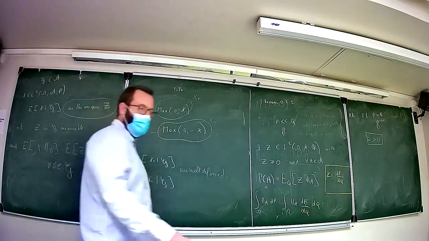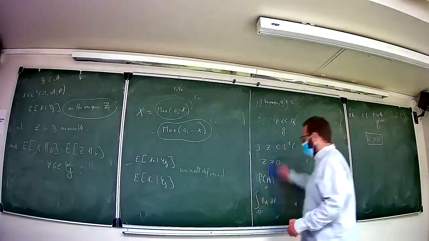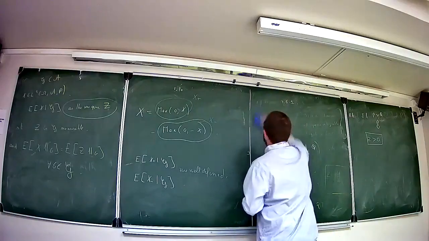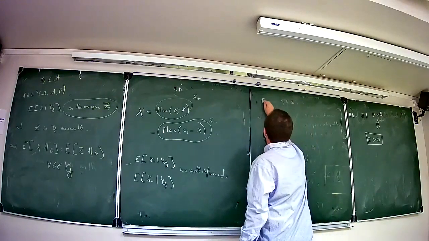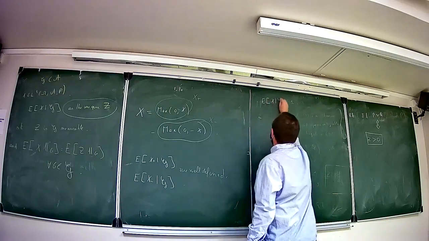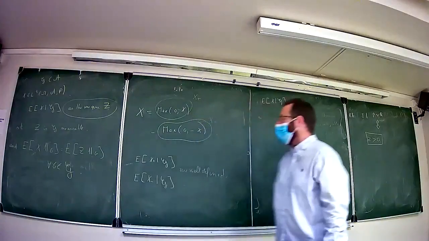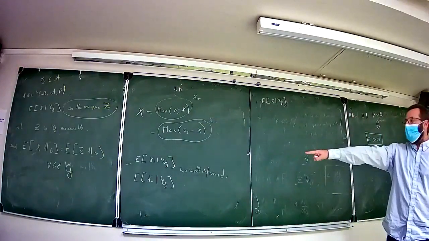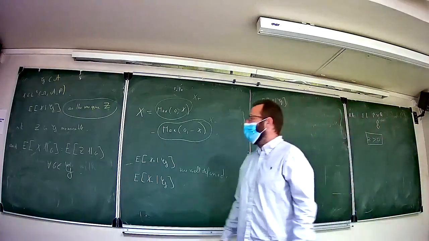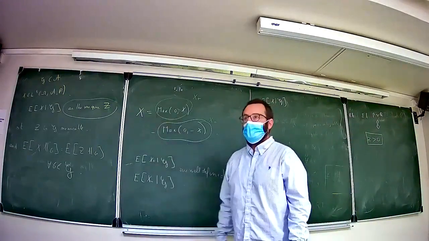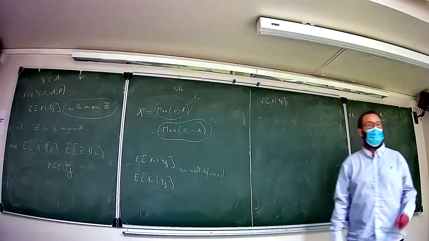What will be a natural candidate for the conditional expectation of x given J? Suppose that these ones are okay and fulfill my definition, that is, if I replace x by x plus and x by x minus, I have this. And I want to define this one. How to define this one from these ones?